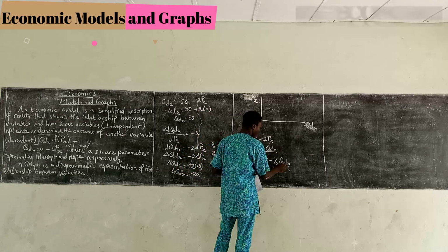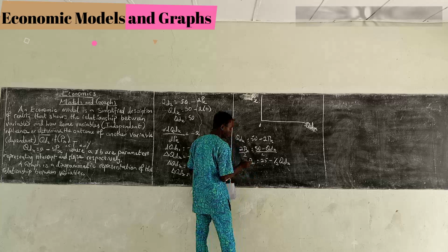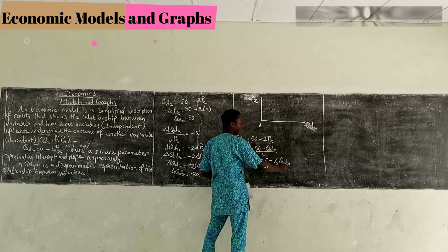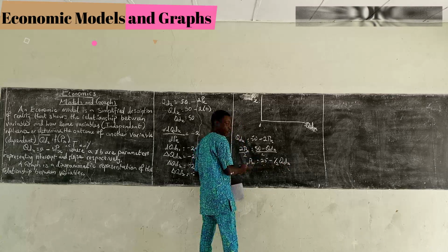Since this is like the independent variable in the inverse demand function, and this is the dependent variable, there are possible values that QDX can take that will not make this function unsolvable.